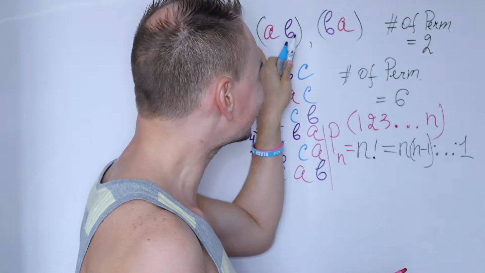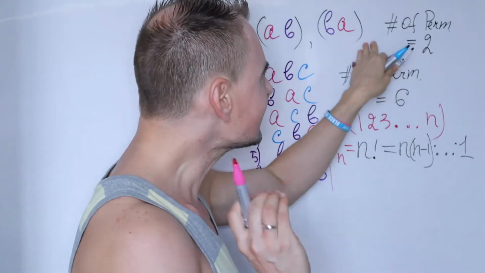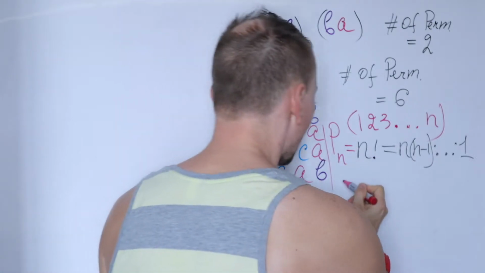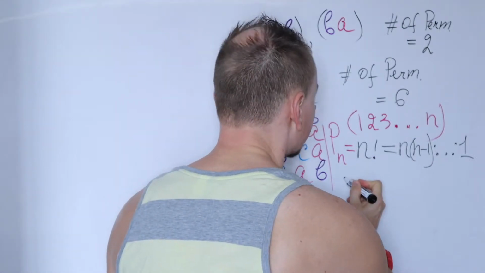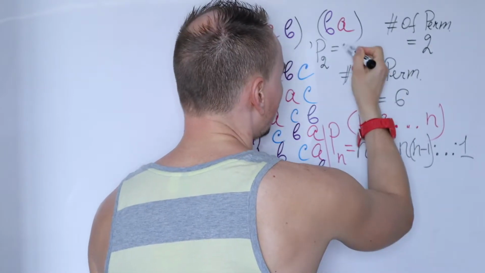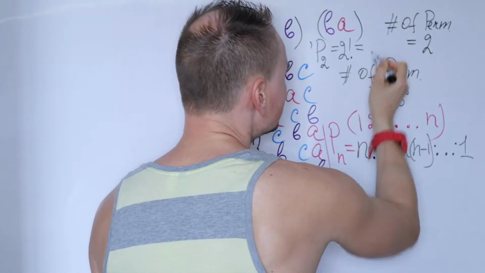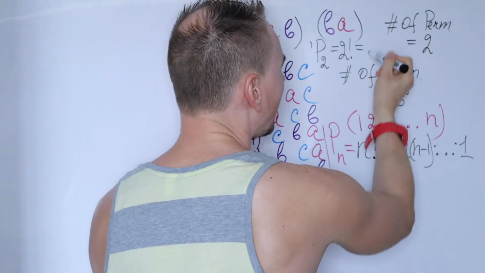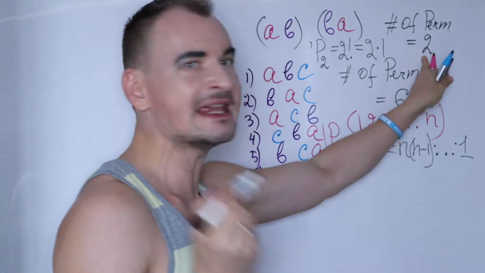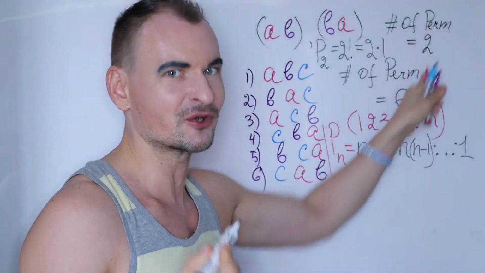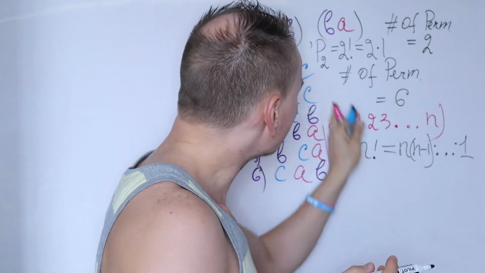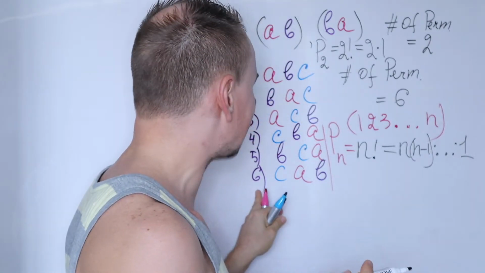So for the first example, your n equals 2, since you have 2 elements. So P2 for the first example is just 2 factorial. And all you need to do is spell it out. So 2 factorial simply means 2 times 1, which gives you that 2. So the formula checks out. Now, let's check it for the second example.